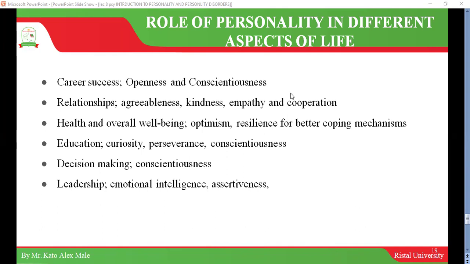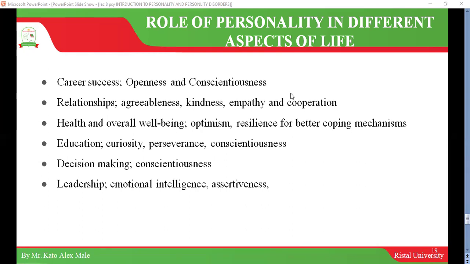Such personalities are very good in relationships. Then health and overall well-being as an aspect of life. We have optimism as a personality, resilience for better coping mechanisms. You get it, eh? Yes, an individual who is resilient has a better lifestyle, a better life. Such personalities will influence their health and overall well-being very positively.